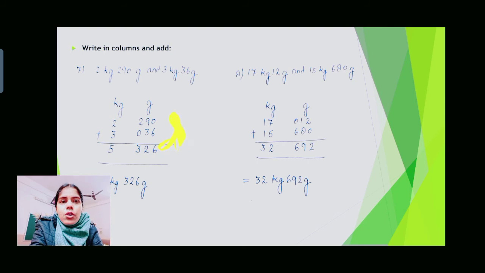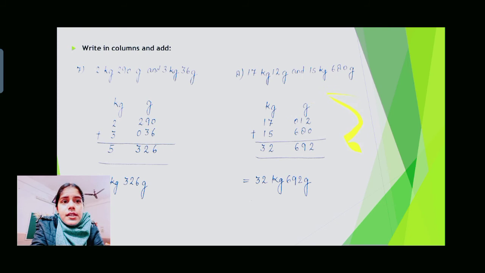We have 326 gram. Now come up to the kilogram section. Class, 3 plus 2, you know it very clearly, 3 plus 2 is 5, and we have our answer 5 kg and 326 gram.